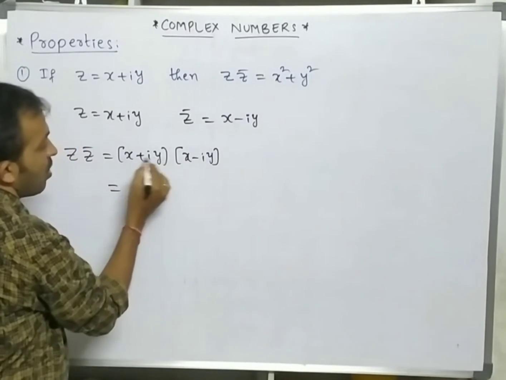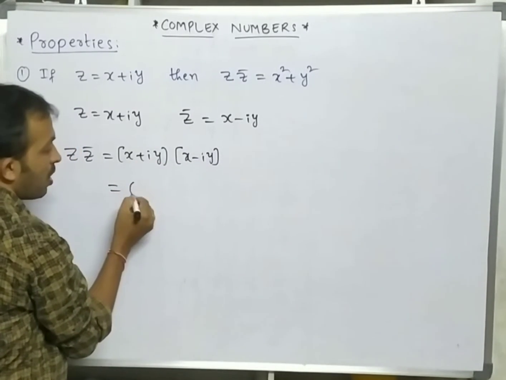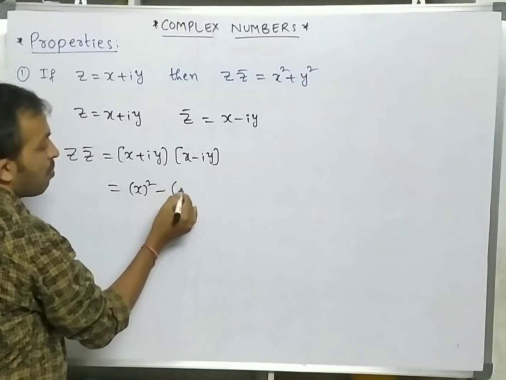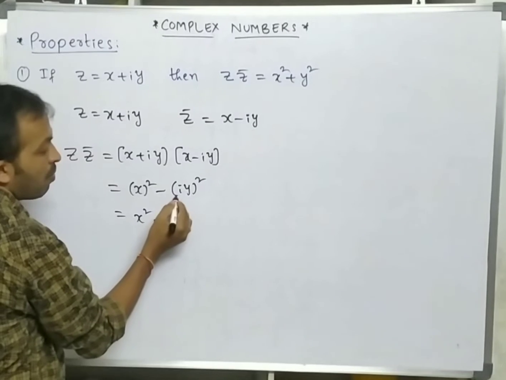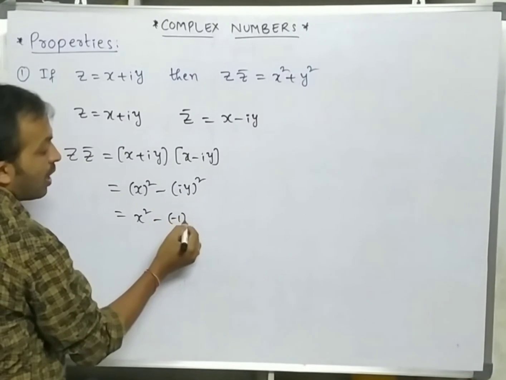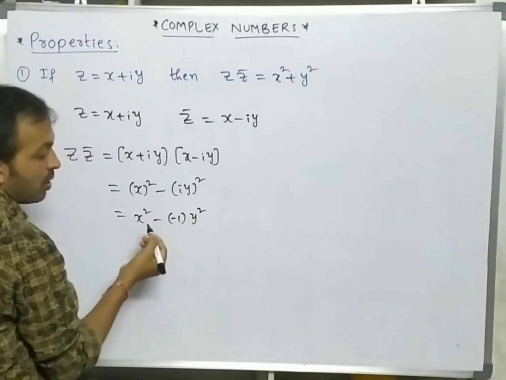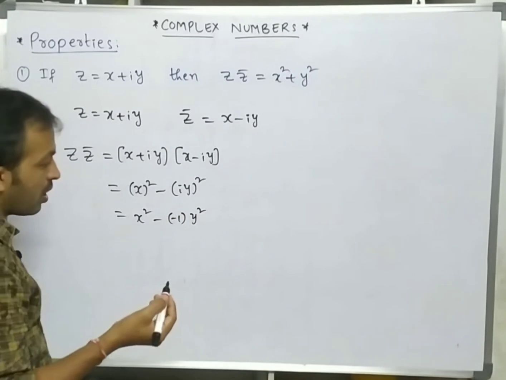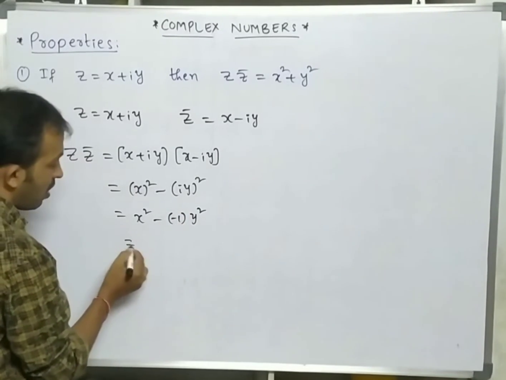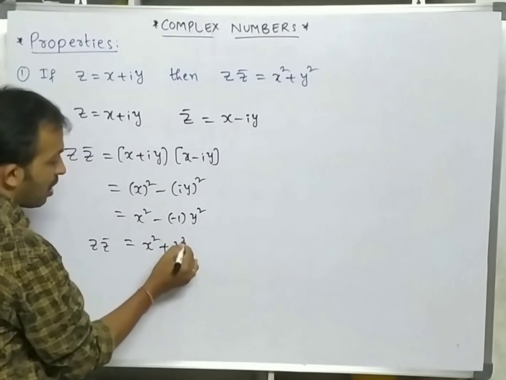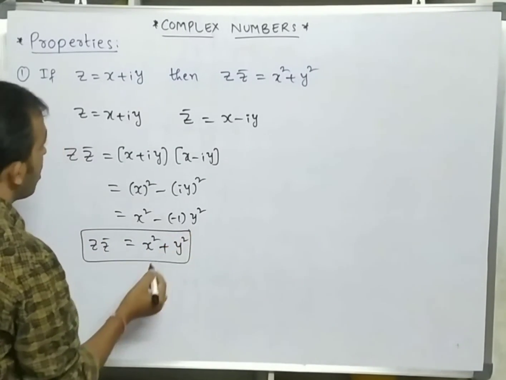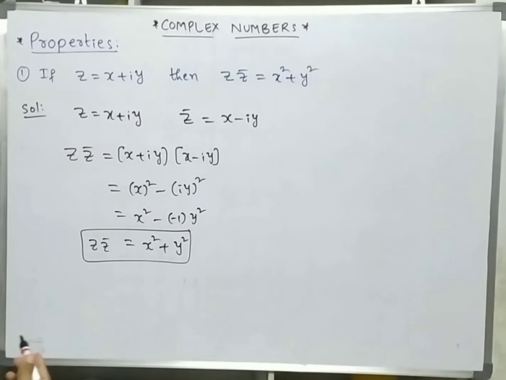These are in the form of (a plus b) into (a minus b), that means a square minus b square. So x square minus i square, and i square is equal to minus 1, as we have already learned. So z into z bar is equal to x square minus into minus plus y square. So if z is equal to x plus iy, then z into z bar is equal to x square plus y square.